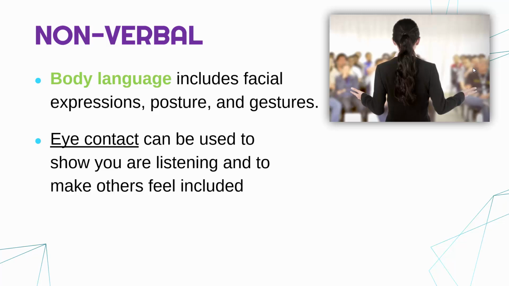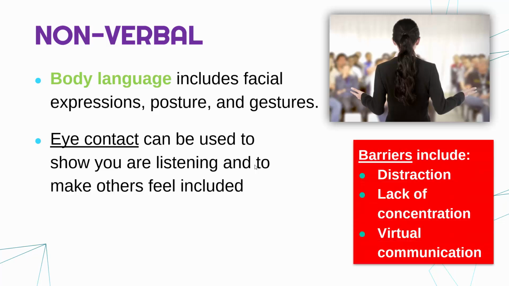But also if you are in a conversation, it can often be used to make other people feel included. If you are having a group discussion and you are looking at the speaker or looking at somebody else, it's a slightly nicer thing to do than looking away or looking down. It can show you're not involved. Of course, too much eye contact would be a little bit off-putting, perhaps, if you're staring at somebody.